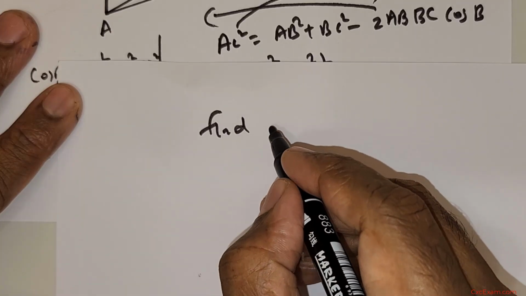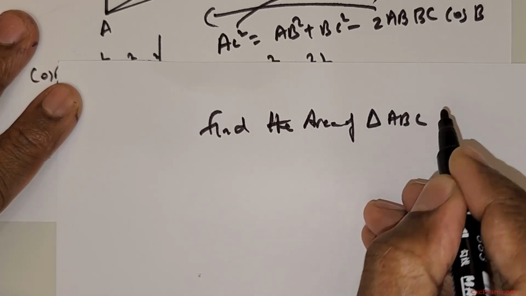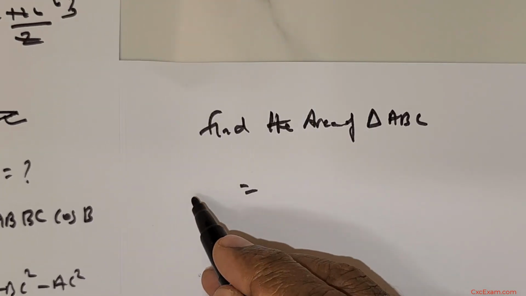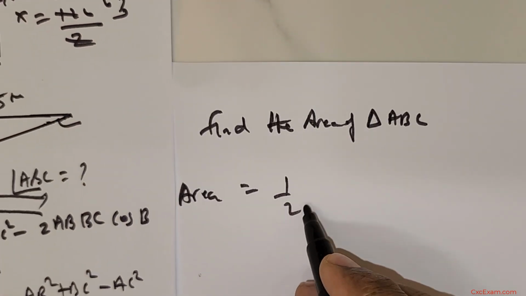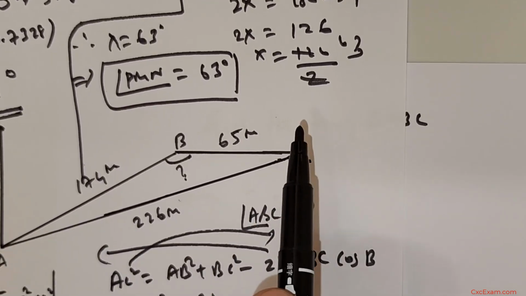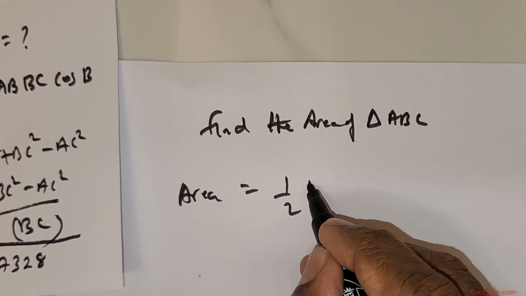The next part is find the area of triangle ABC. Now I'm going to utilize this formula. Area is half times AB times BC, and then I know this angle.